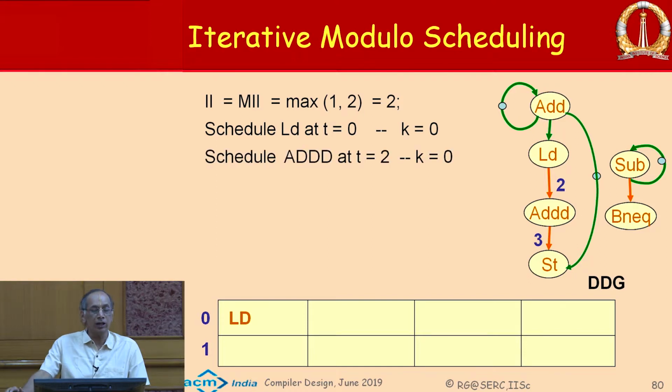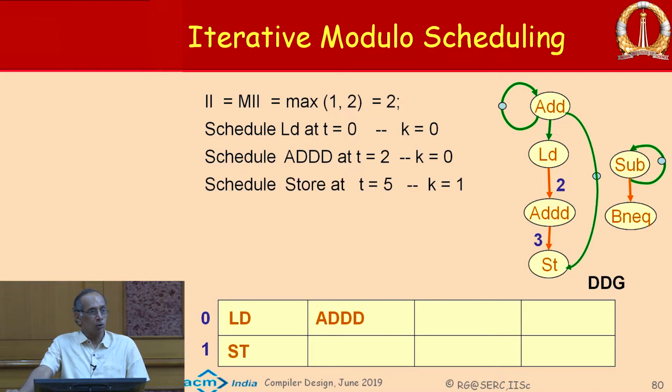Then let us take the add operation. The add operation will have an earliest start time which is 2 cycles after the load operation. Therefore, it will only be T equal to 2. Now, if you try T equal to 2 at that particular slot, there is a resource which is freely available. So, add can also be started at T equal to 2.